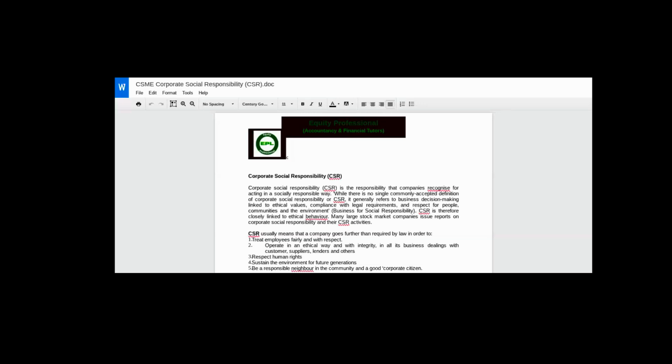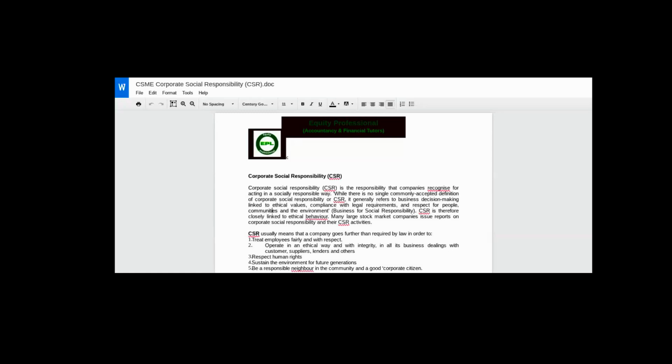So what we call CSR can be broadly defined as the decision making of the company that is linked to ethical values, compliance with legal requirements, and respect for people, community, and the environment.